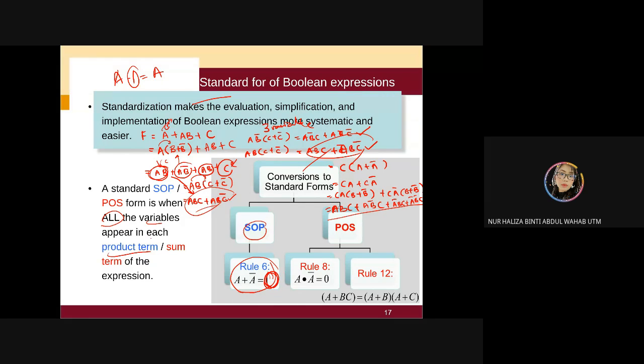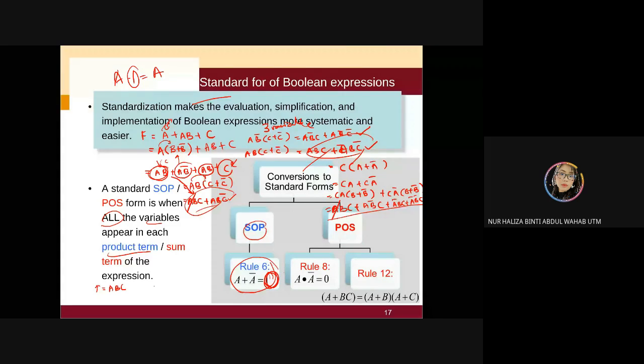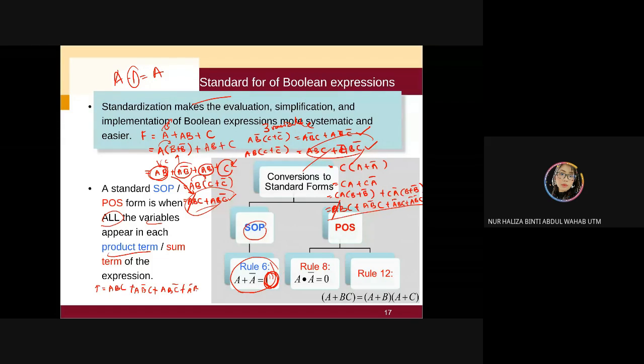This and this. So at the end, I will get F equal to A, B, C. This is similar to this one. Plus A, B bar, C plus A, B, C bar plus A bar, B, C plus A bar, B bar, C. From your simple Boolean expression here, when you want to convert to standardized, you're going to get this form.